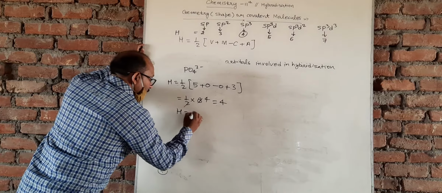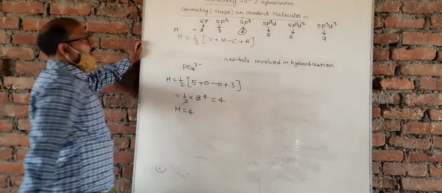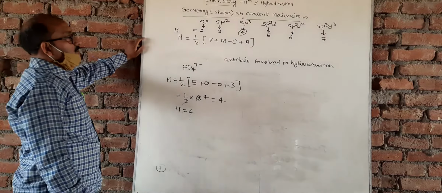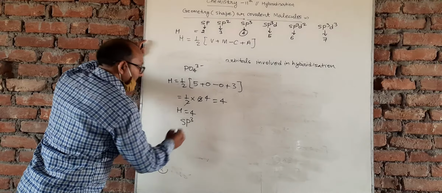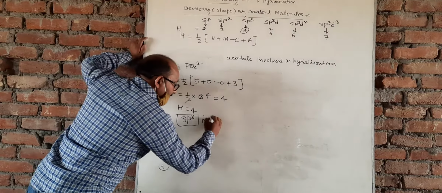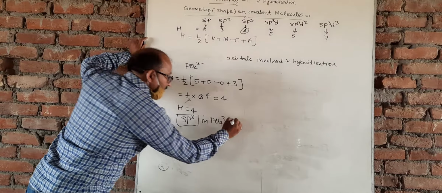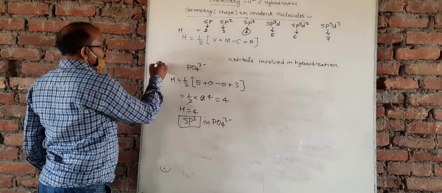H equals 4, so this represents sp3 hybridization in the phosphate ion PO4 3 minus.